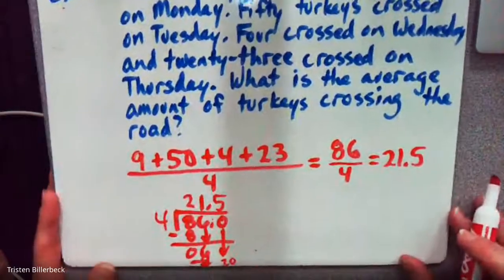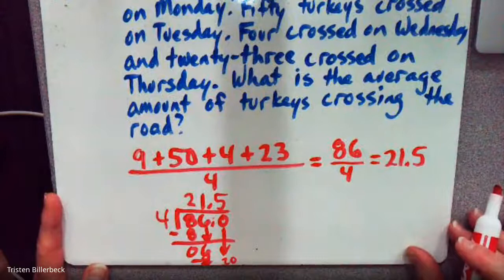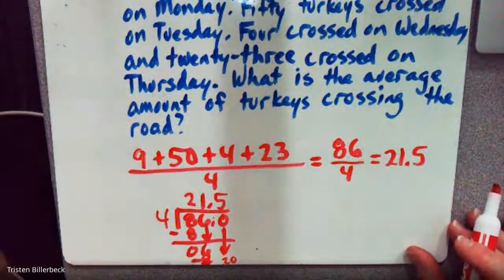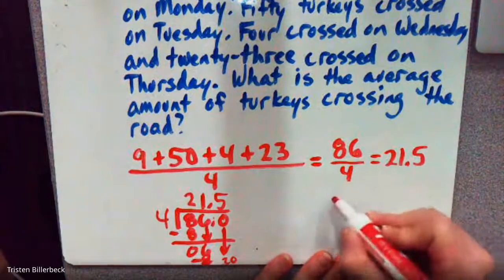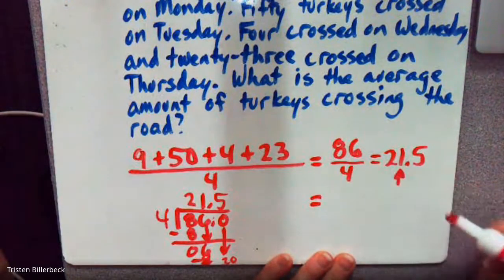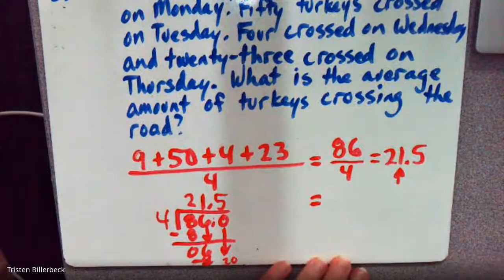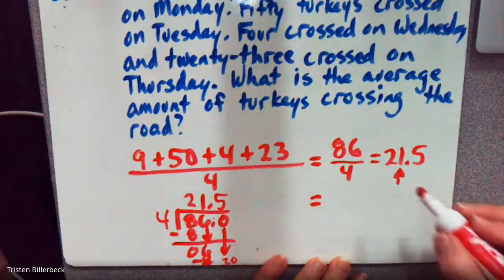What do you think? Do you think half a turkey would be very happy? I don't think so. So when we're dealing with real things like turkeys, we can't take parts of turkeys in an average. So we do have to round. So this is what we're going to round to, the nearest whole number, because we can't chop a turkey up if we want a living turkey, okay?